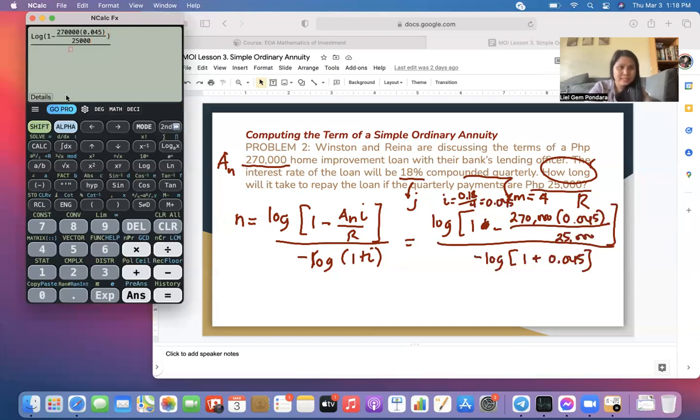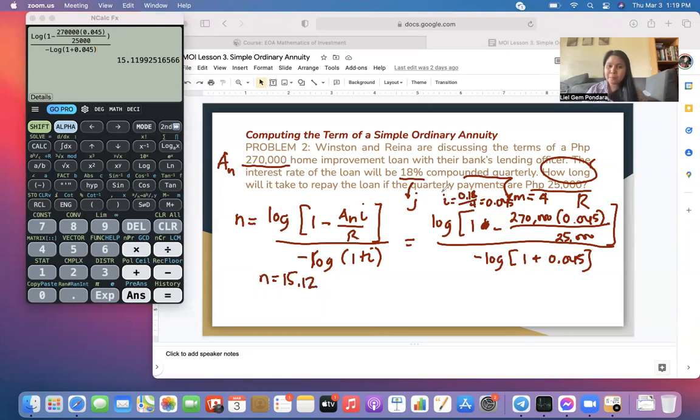Close parenthesis. Over negative log times 1 plus 0.045. There. You see the answer? That's 15.12.